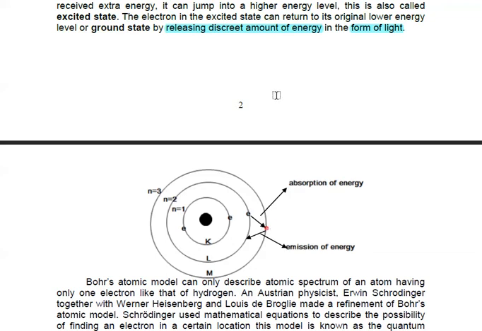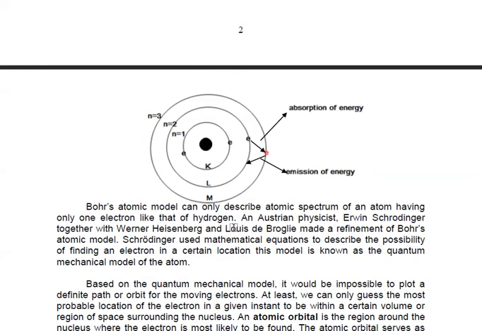But when it releases an amount of energy in the form of light, it will go back to its original lower energy level or ground state. Now, this model can only describe the atomic spectrum of an atom having only one electron, for example, that of hydrogen.